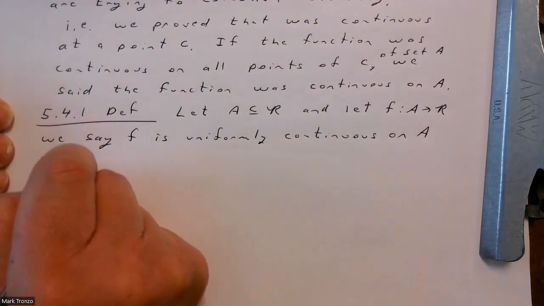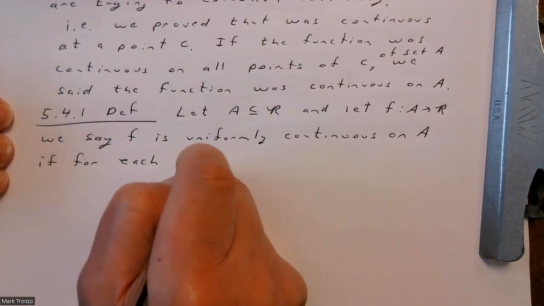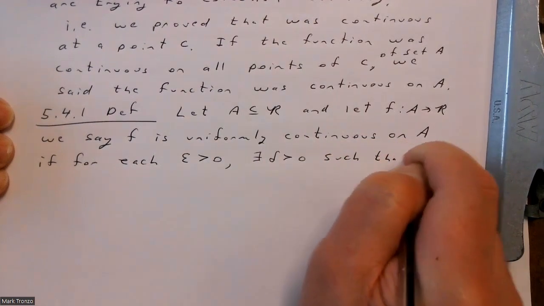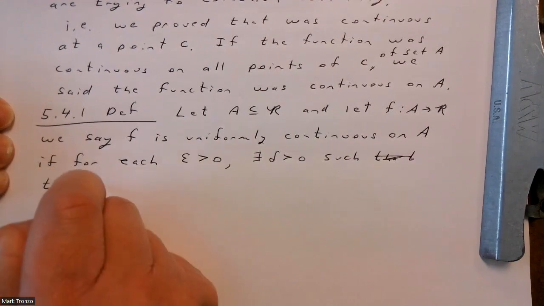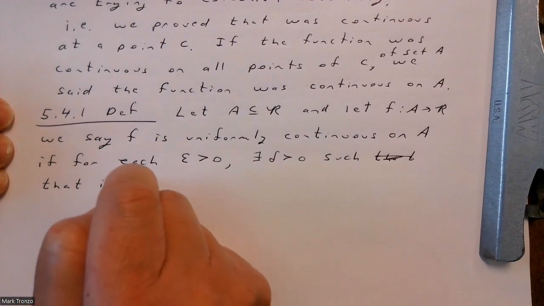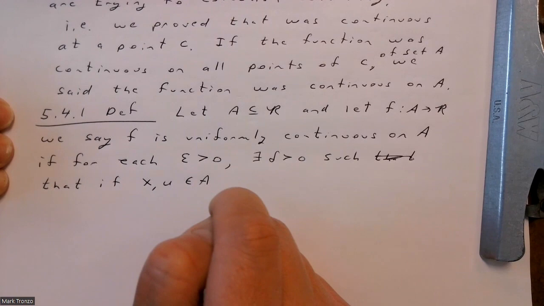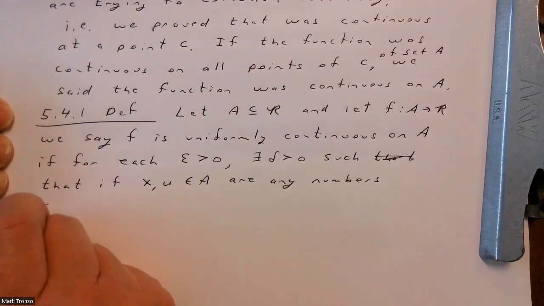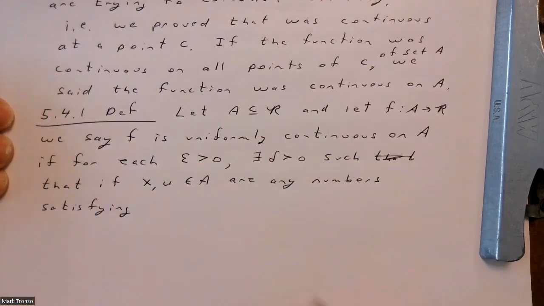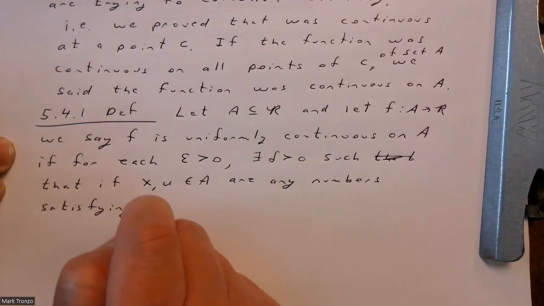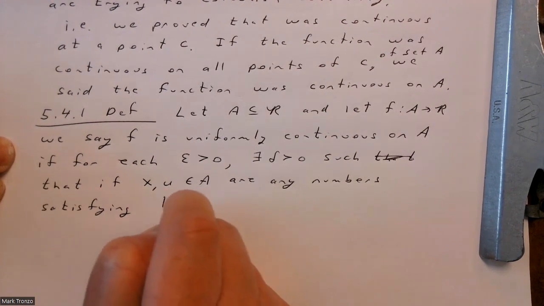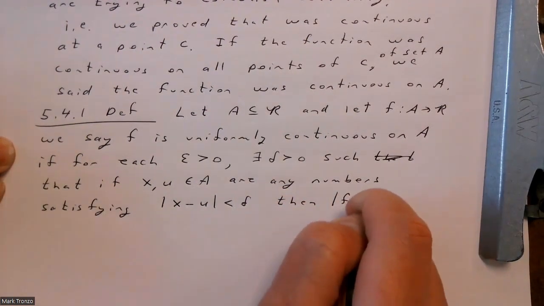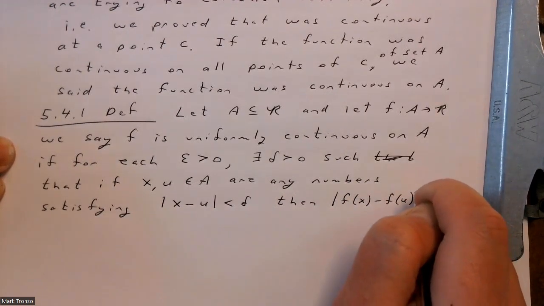If for each epsilon greater than 0, there exists a delta greater than 0, such that if x and u in A are any numbers satisfying |x minus u| less than delta, then |f of x minus f of u| is less than epsilon.